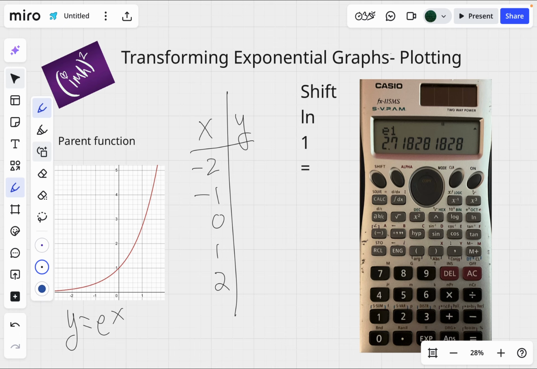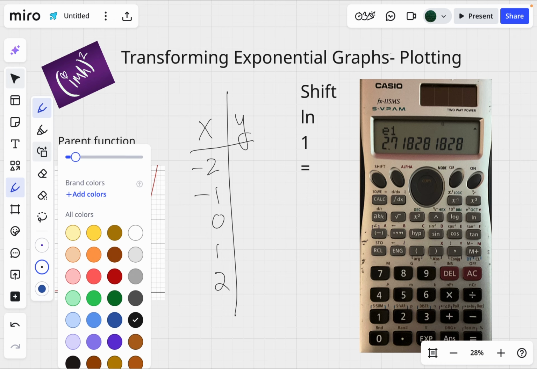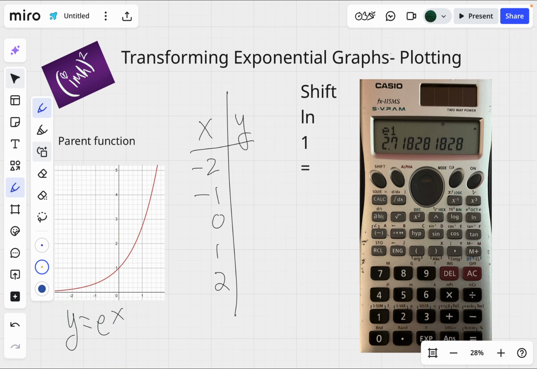The calculator that I'm using, in order for me to calculate e to the x any power, I have to hit the shift key, then I have to hit the ln key, because you can see that right there in the top left corner, it says e to the x.